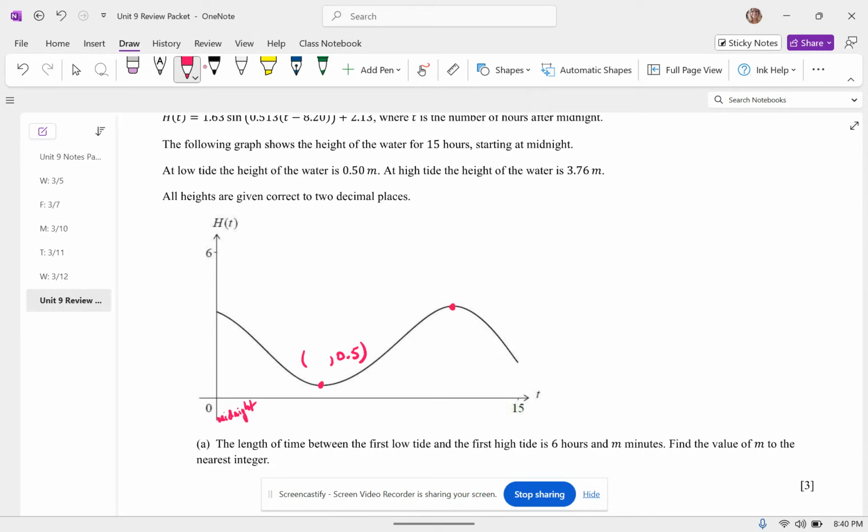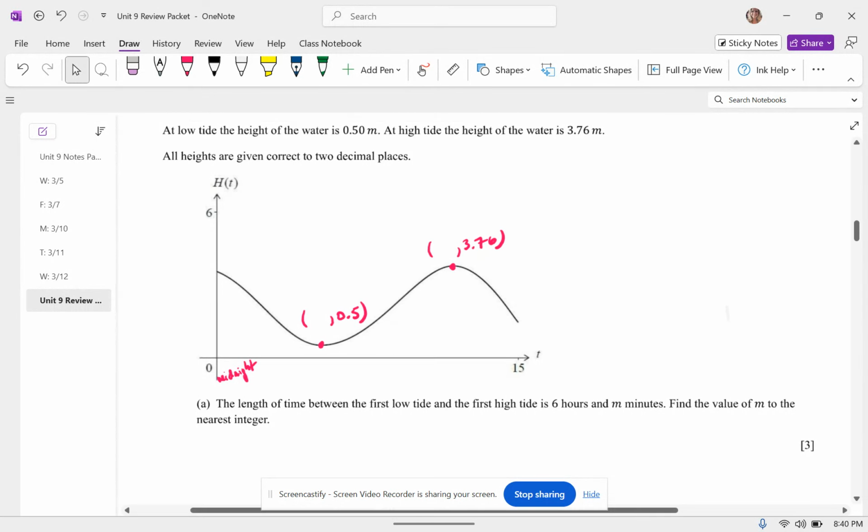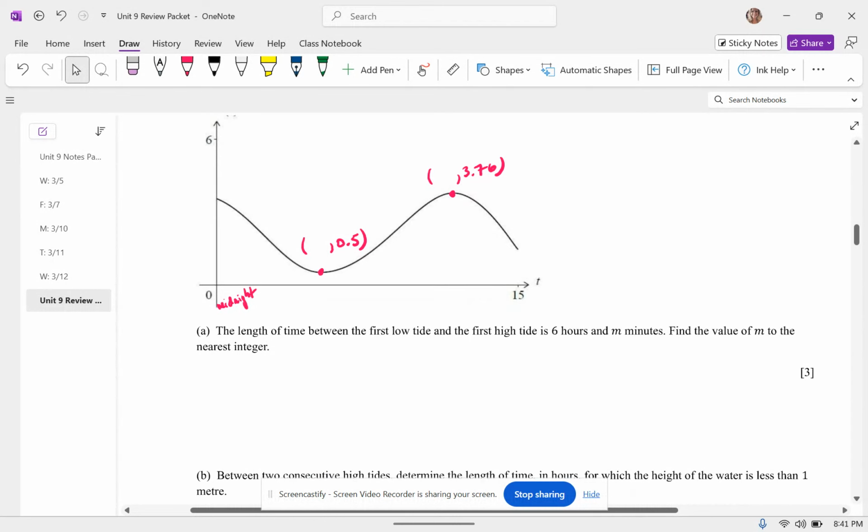At high tide, I don't know what time that's happening, but there is a height of 3.76 meters. All right, cool. The length of time between the first low tide, so this and this, is 6 hours and m minutes. Find the value of m to the nearest integer.